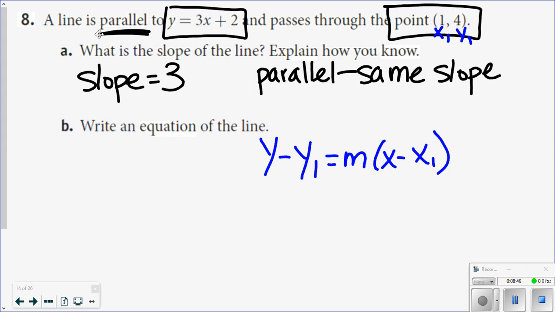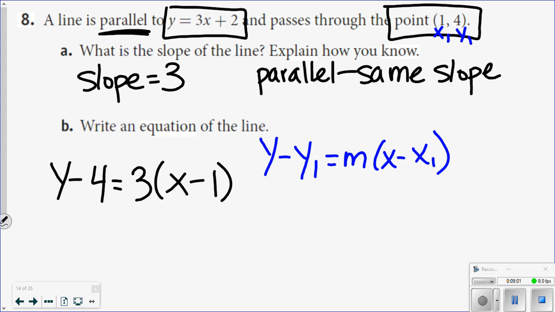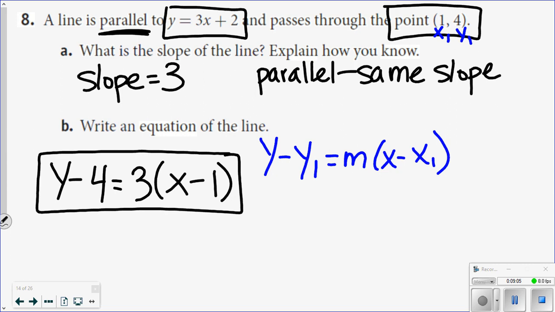So we have y minus our y1 is 4 equals my slope, my m is 3, parentheses x minus our x1 is 1. It didn't say slope-intercept form, so let's choose the easiest or the one that makes the most sense, which is point slope.